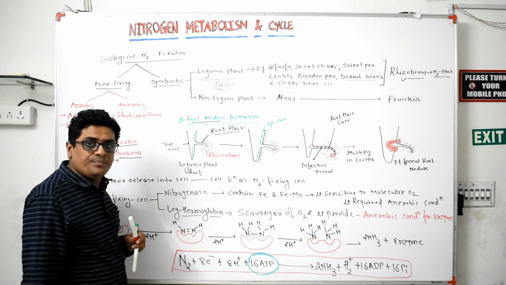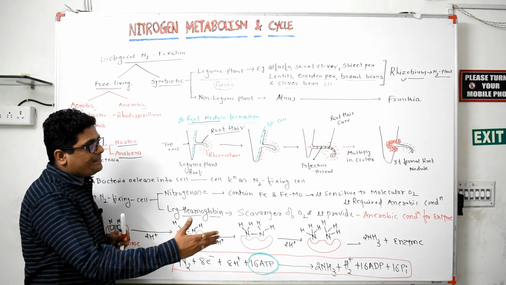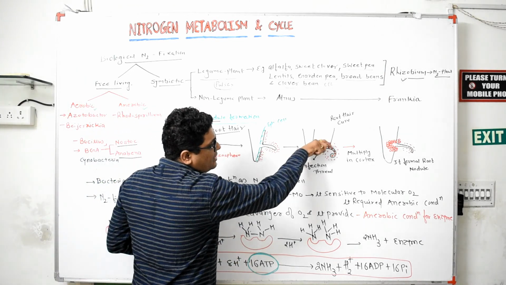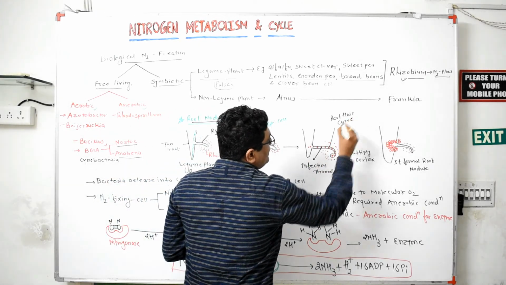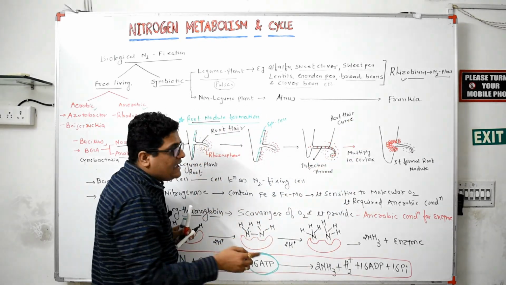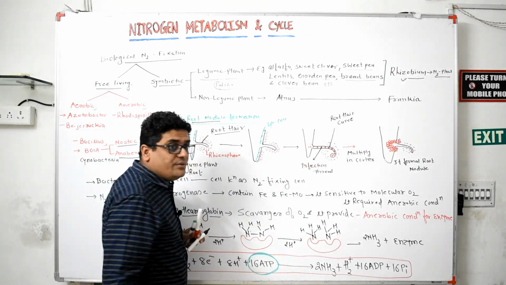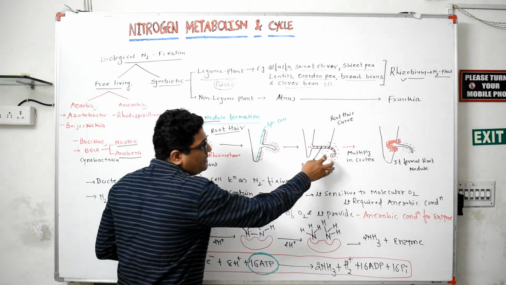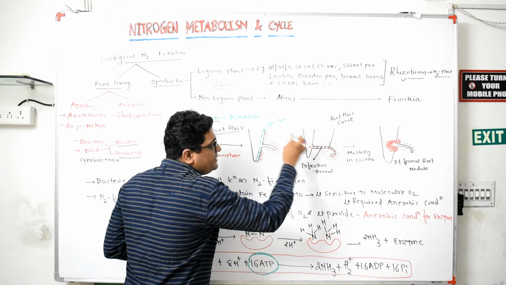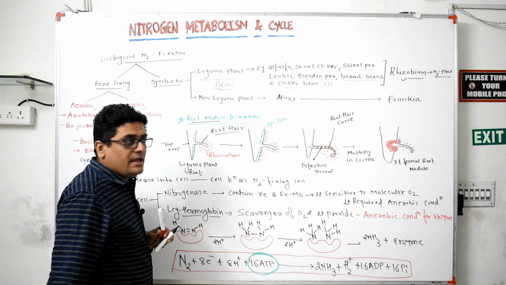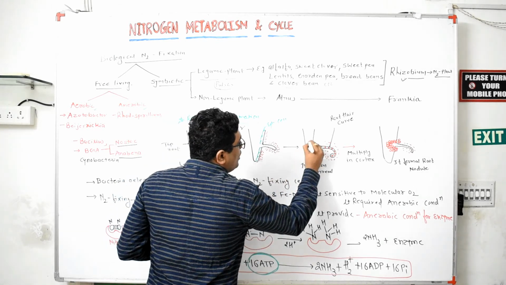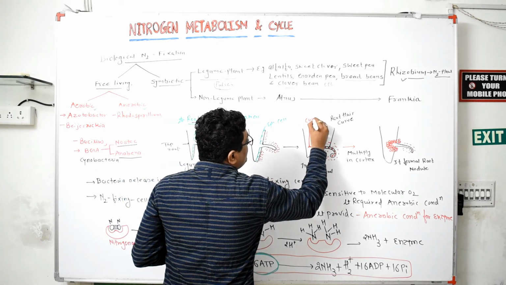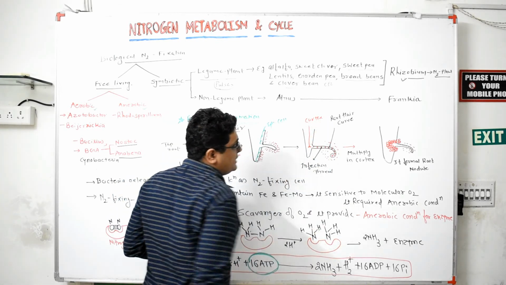Now in the next step, the root hair gets curled, and the bacteria enter or invade the root hair and migrate up to the cortex part of the root. Cortex cells.